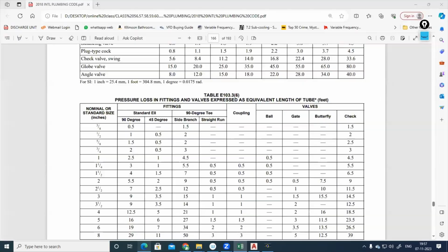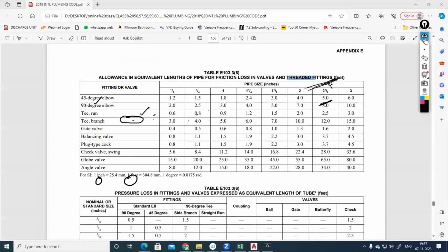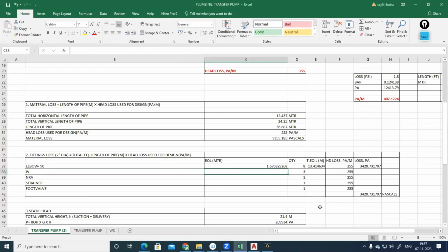Valve should be a threaded fitting. You can take the data from here. Gate valve you can take. Threaded fitting. Gate valve. 2-inch dia pipe. 2-inch dia gate valve. The pressure drop is 1.3 feet of straight pipe. 1.3 feet. So equivalent length in meter will be 1.3 feet divided by 3.28.